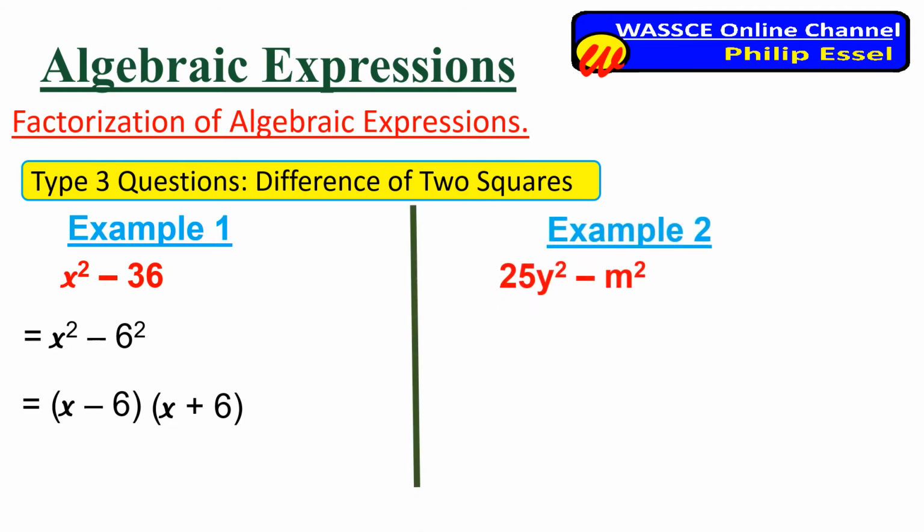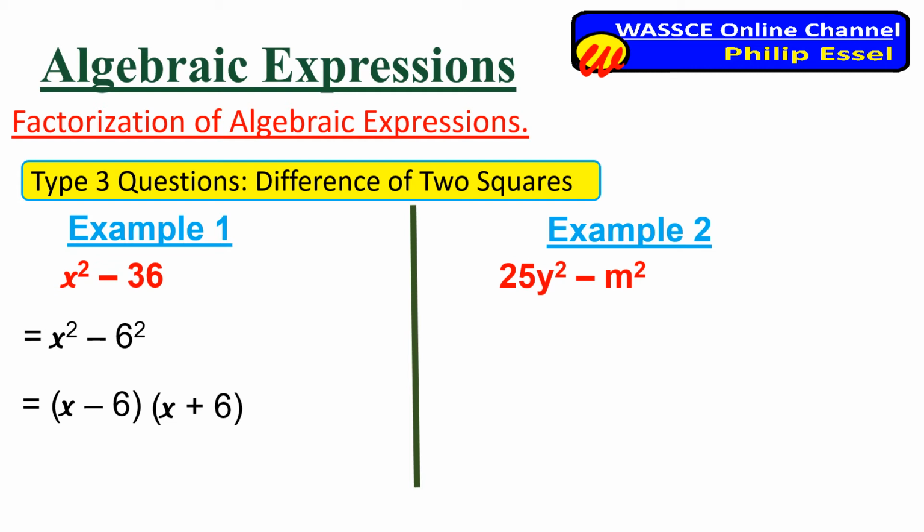Let's look at example 2. In example 2, you have to factorize the algebraic expression 25y squared minus m squared. Let's do this.